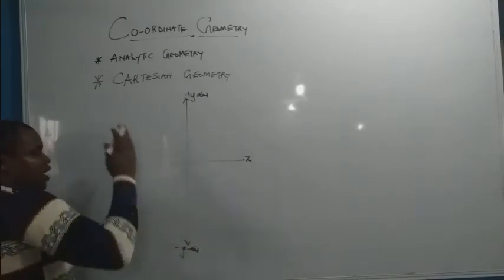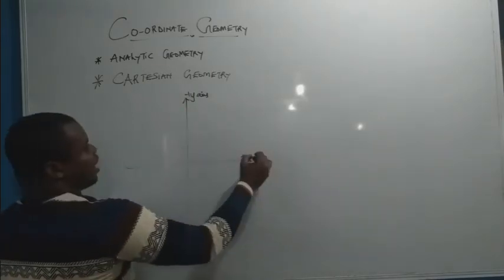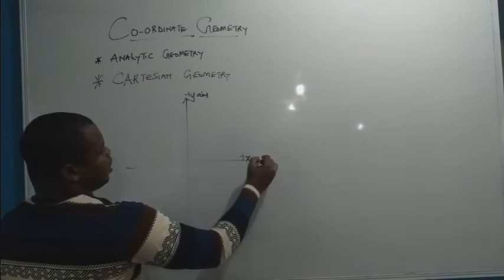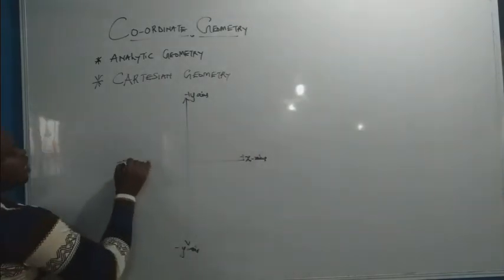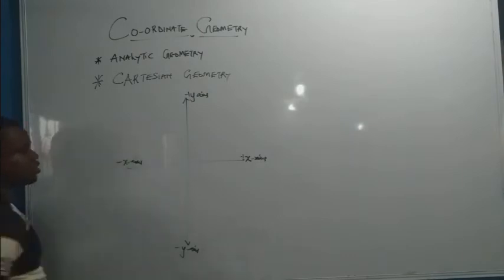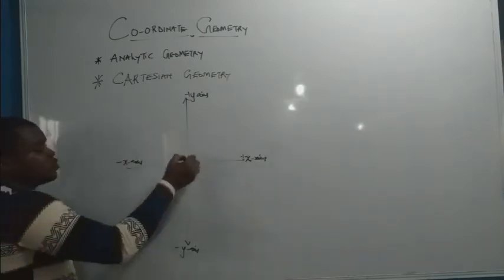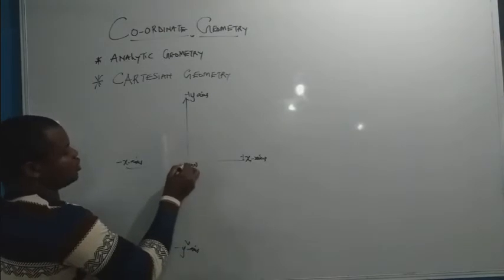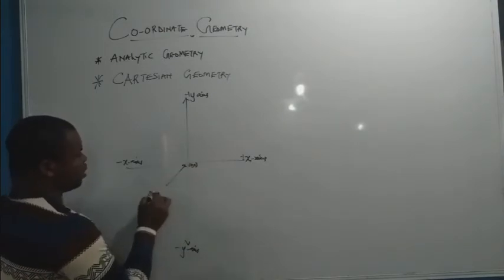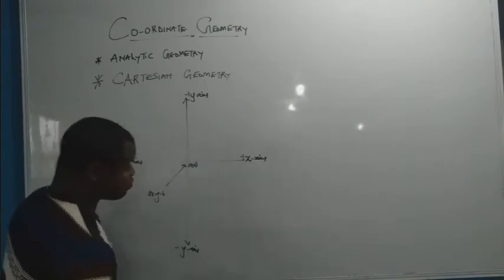While on the right hand side we have the positive x axis, and here we have the negative x axis. Okay, so the point where the two axes meet, that's 0, 0, is called the origin. Is that clear?